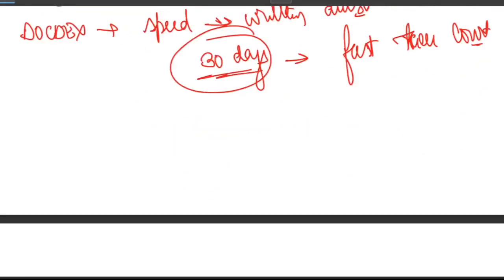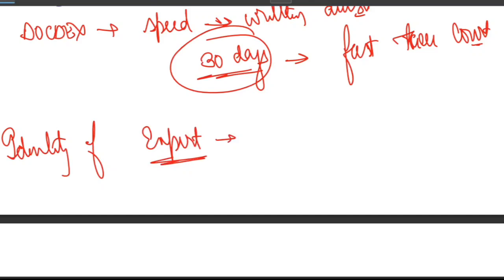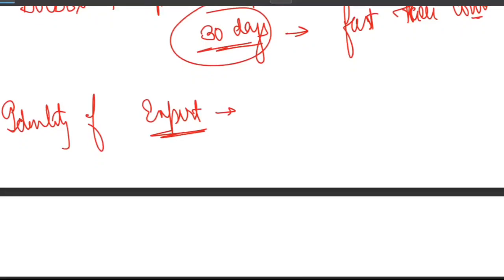Now the second thing is the identity of the expert. What do you think about the identity of the expert? Here comes the interesting part. DOCDEX does not reveal the name of the expert. Why?